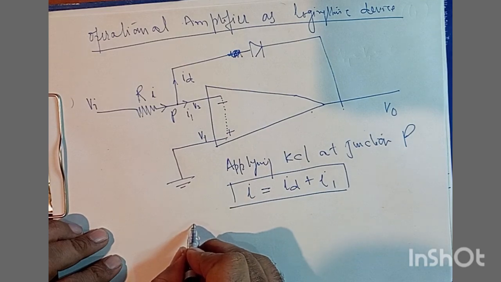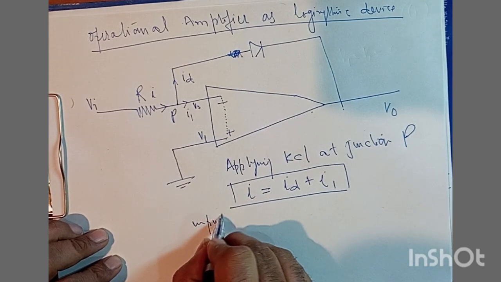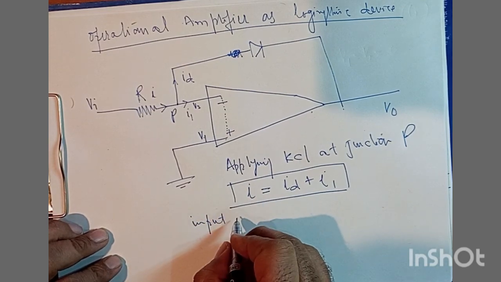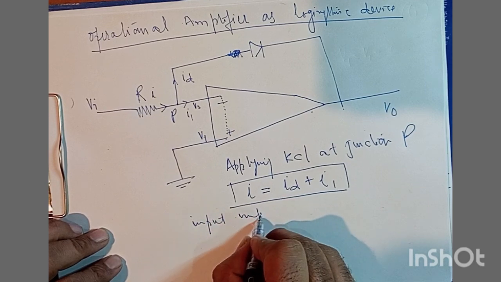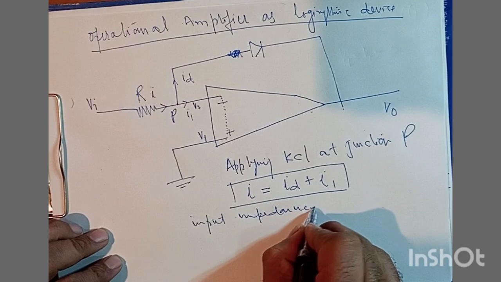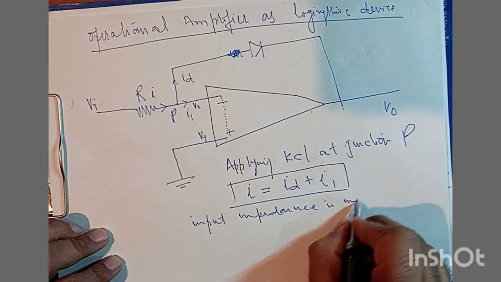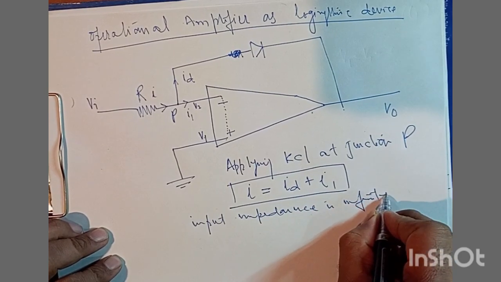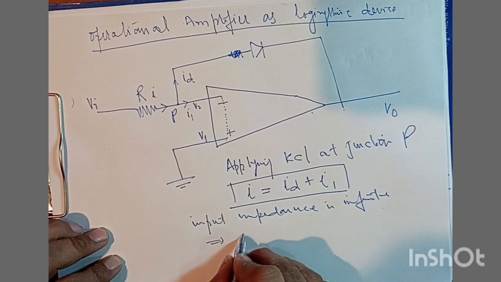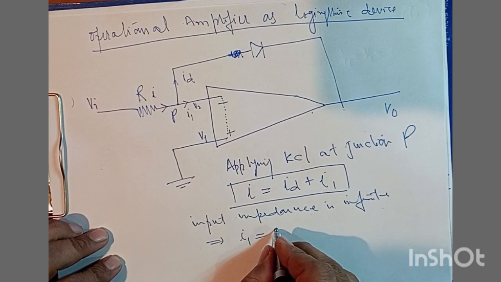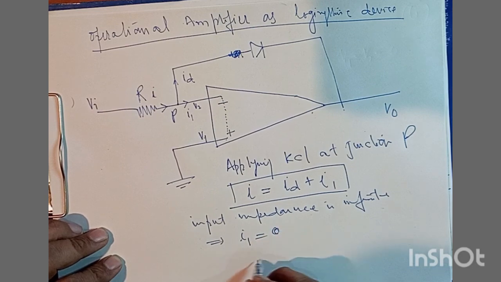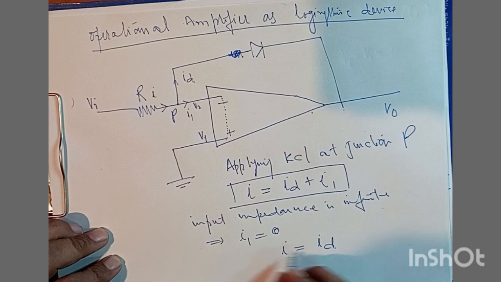So here I would say that for an ideal operational amplifier, input impedance is infinite. So that implies this I1 term in our equation will boil down to zero. So what we are left with is I equal to ID.